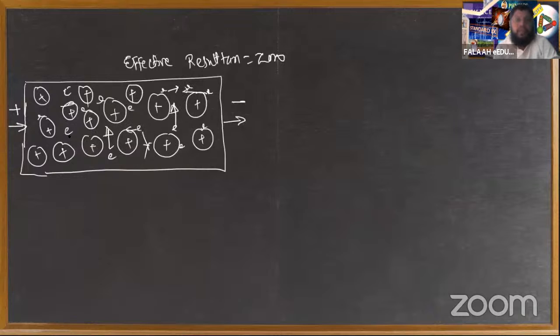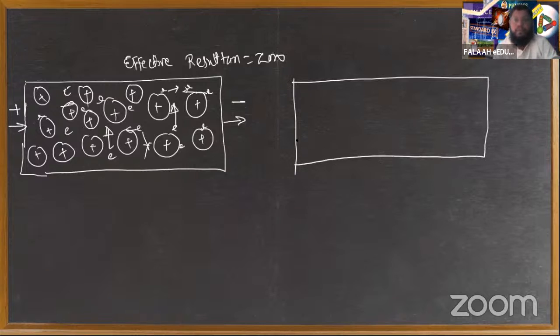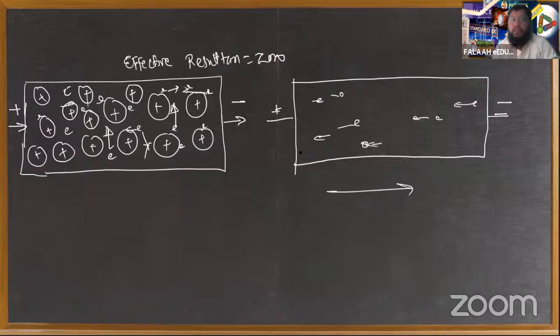The direction of every electron will then be uniform. Suppose this is the other case: this is the positive, this is the negative. Every electron is moving in one direction, towards the positive side. Uniformly they are moving towards the positive charge, and conventionally current is flowing from positive to negative. This is the way the current is going to flow.